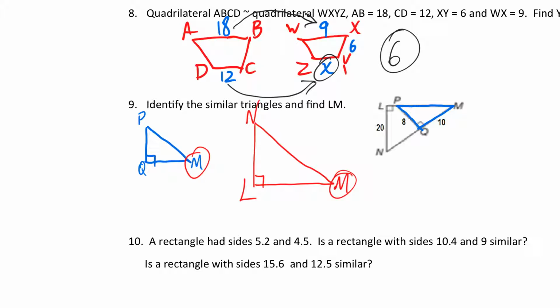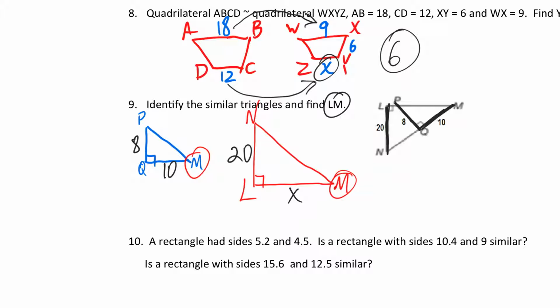Okay, now let's put some numbers on here real quick. So PQ right here is how long? 8, that goes right here. How long is LN? 20, that goes right here. And then how long is QM? 10, that goes right there. And we're looking for LM, so my X goes right there.